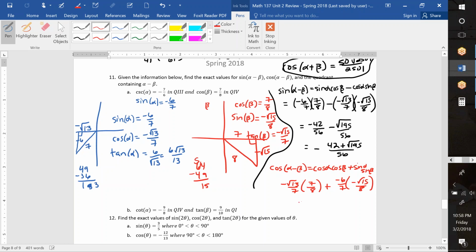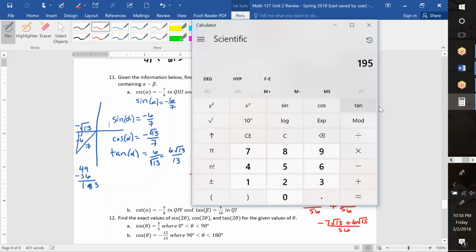This is negative 7 square root of 13 over 56 plus, because that's negative times negative, 6 square root of 15 over 56. And to know whether or not this is a positive or negative, you actually would probably need to compute whether or not that top is actually positive or negative. You can't just assume that because the first sign is negative that the whole fraction is negative.